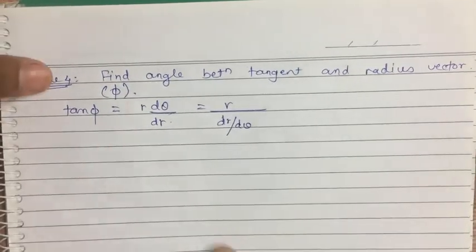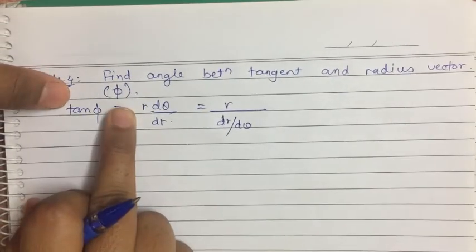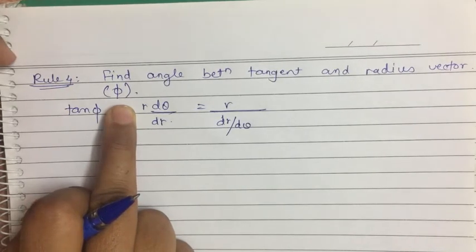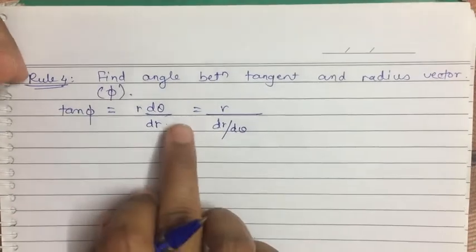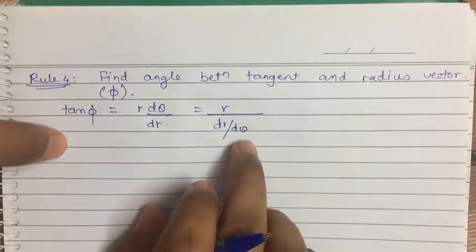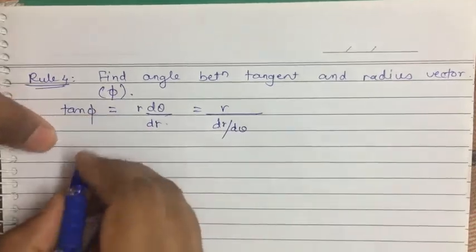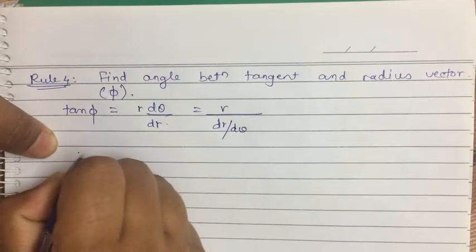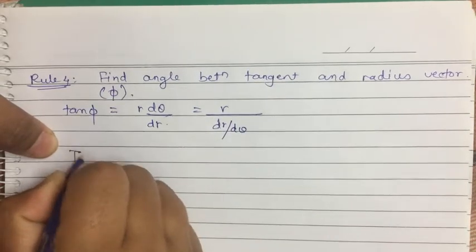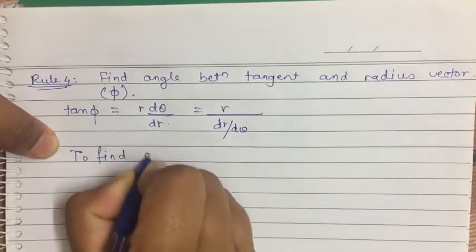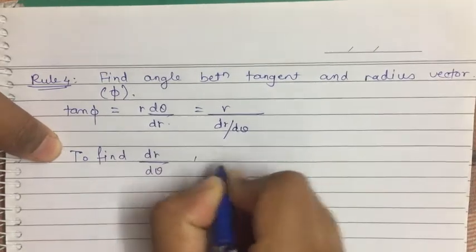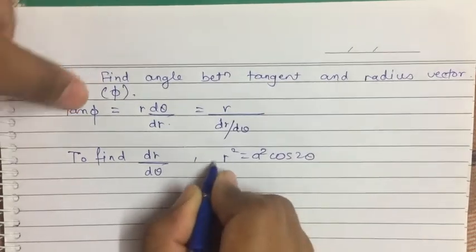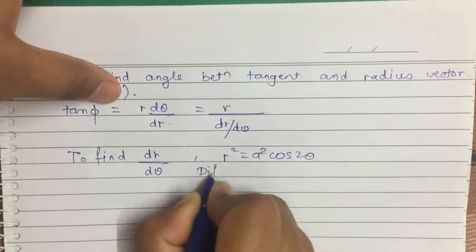Now why do we find this? Because in rule number 3 we have found the tangents at pole. Now this we do for tangents at other points. So tan phi is equal to r upon dr by d theta, so we need to find dr by d theta. To find dr by d theta, what is r square? It is a square cos 2 theta. So differentiate with respect to theta.